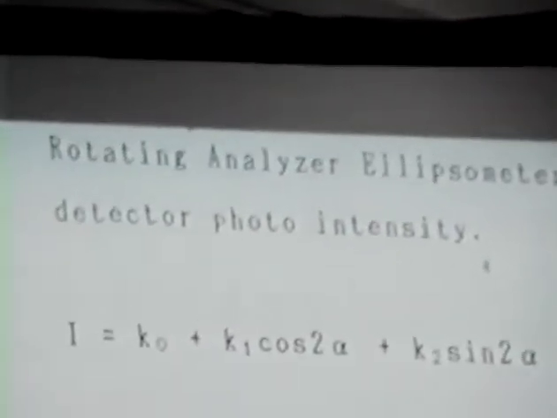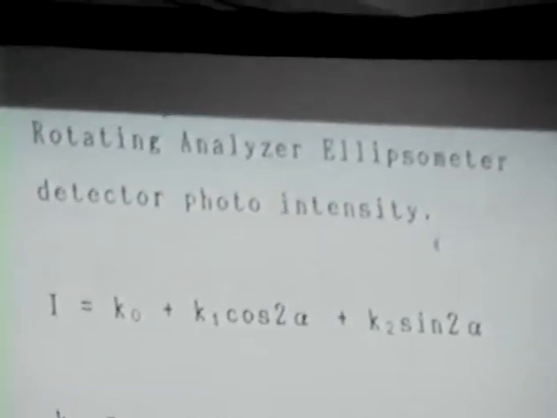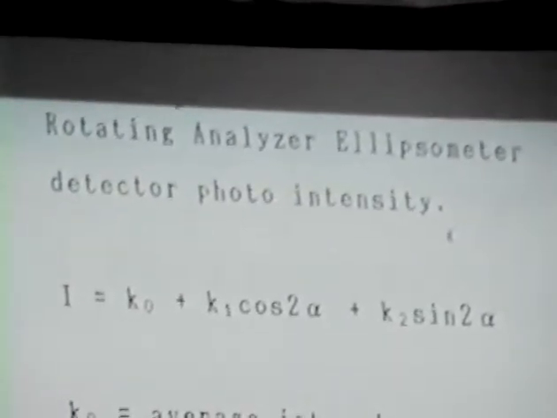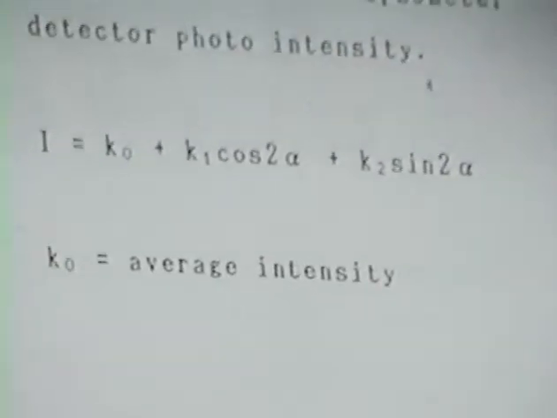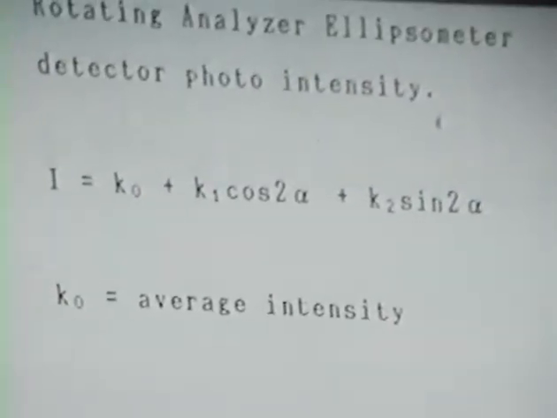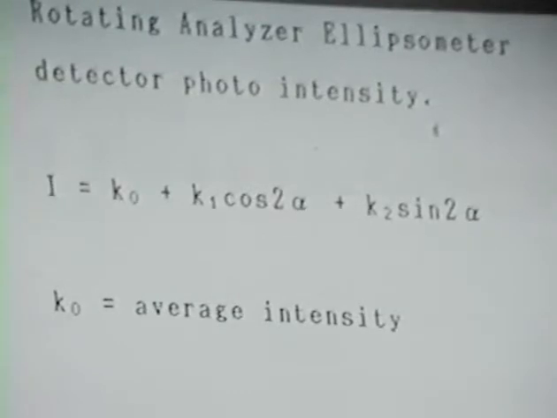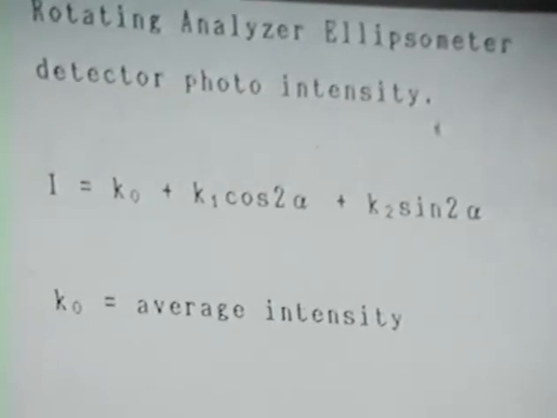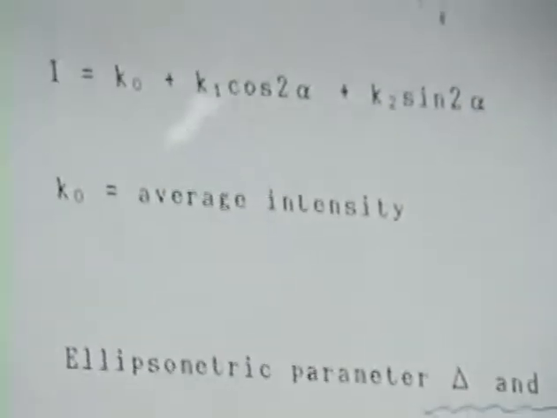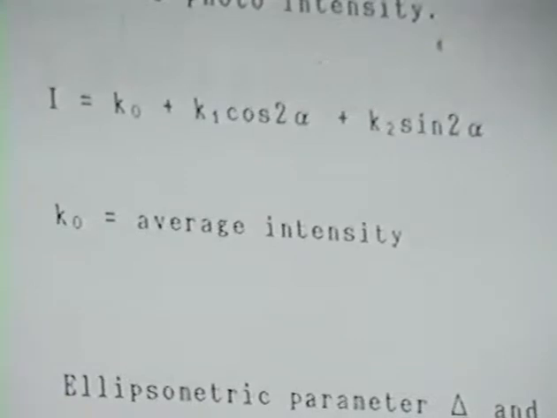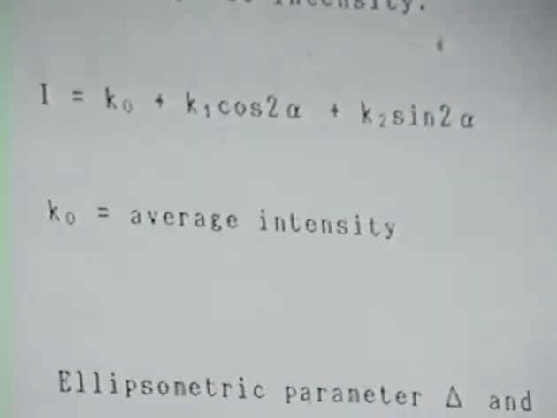At first, I have to talk about the principle of the rotating analyzer ellipsometer. The light intensity reflected from the surface of the catalyst is modulated by the rotating analyzer. The light intensity is given by this equation, which consists of the cosine part, sine part, and a constant.